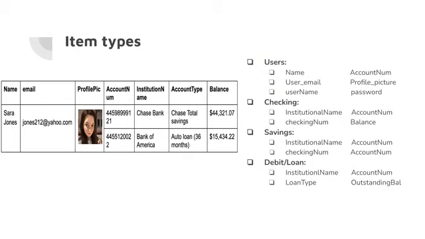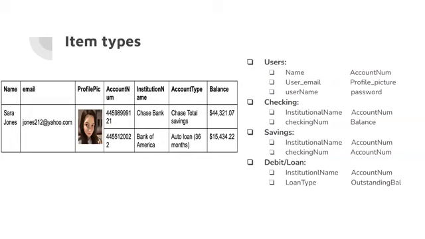On the checking account, we have the institutional name, the checking number, and then the account number and balance. For the savings account, we have pretty much the same thing: the institutional name, checking number, account number, and then account balance. Then on the debit loan side, we have the institutional name, the loan type, account number, and outstanding balance.